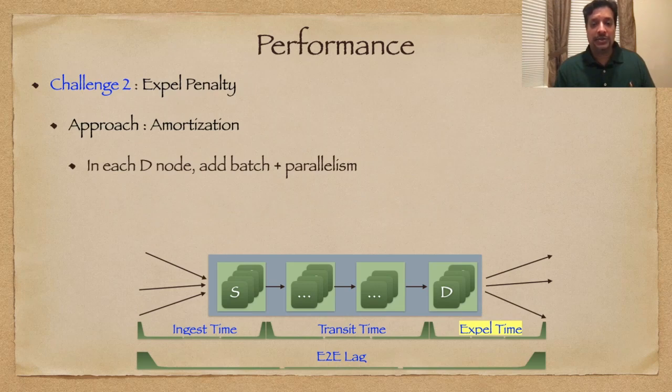In each D node, we will add batch and parallelism. So we will read a batch from Kafka, then we'll rebatch them into smaller batches and use parallel threads to send these out to their destinations. This way, we can maximize throughput and minimize the expel cost or penalty per message.